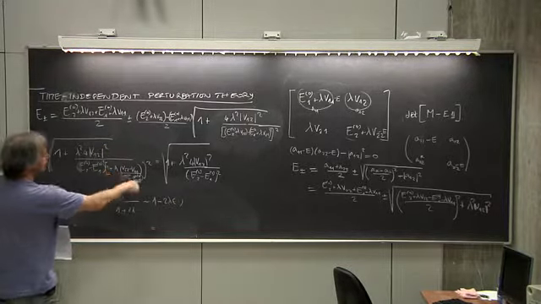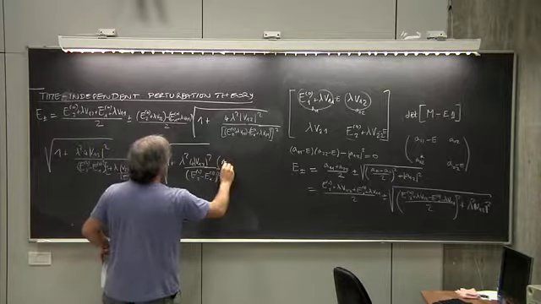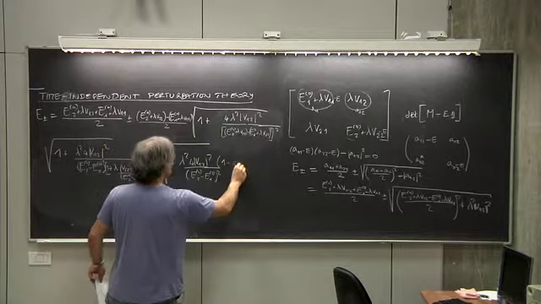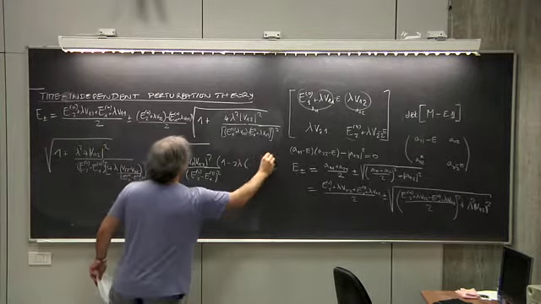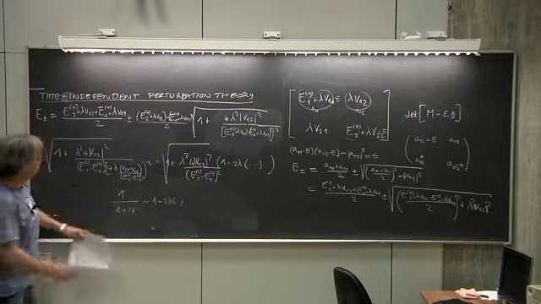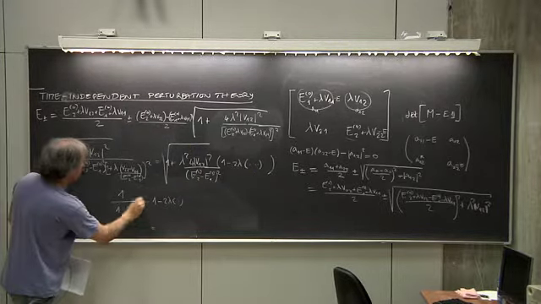Okay? So this thing here gives me an extra factor, 1 minus 2 lambda, okay? Where these dots are just this.